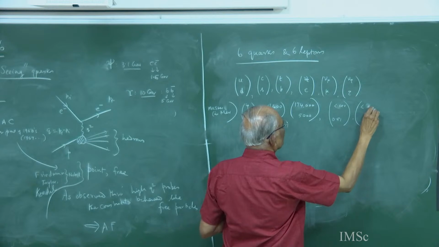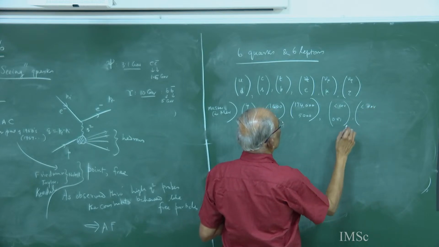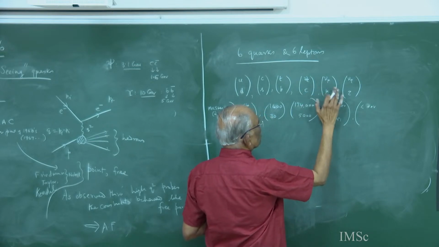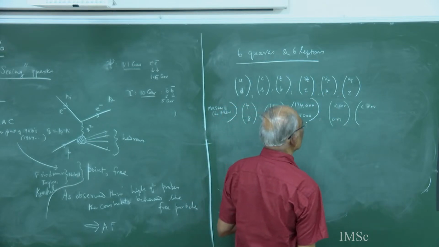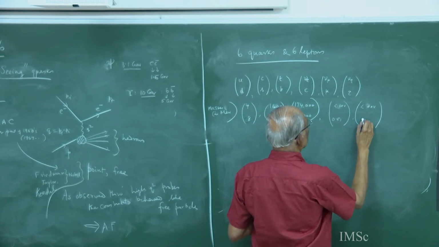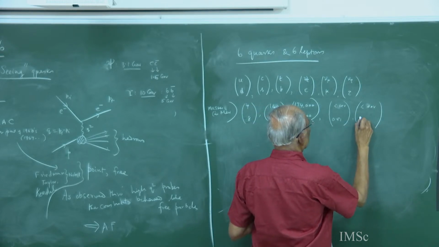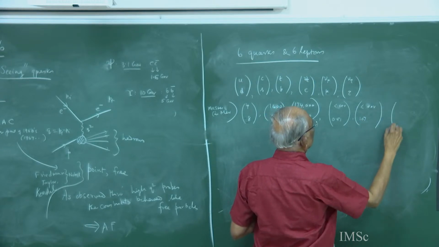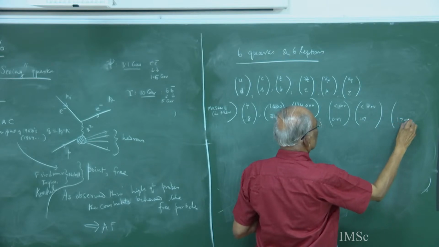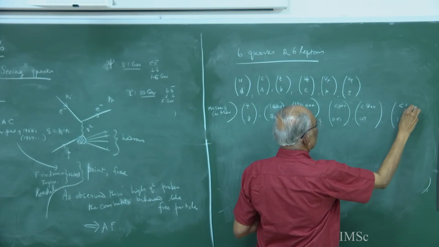The masses are a little different. Actually, there is a complication about discussing the neutrino masses. I will come to that later, but these are approximate statements. And mu is how much is it? About 107 MeV, and tau is 1700 MeV.